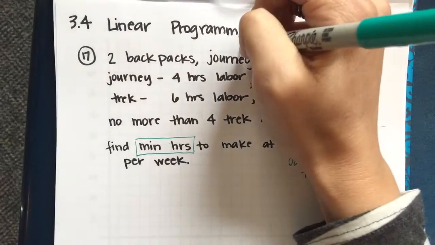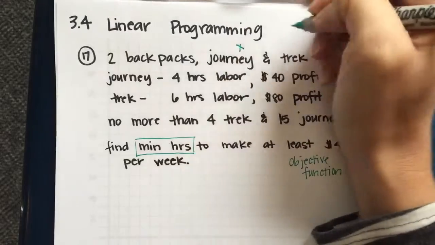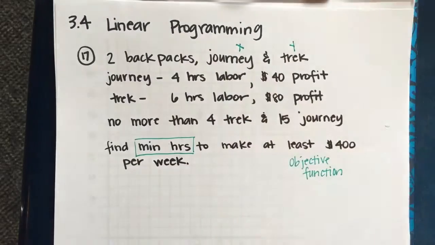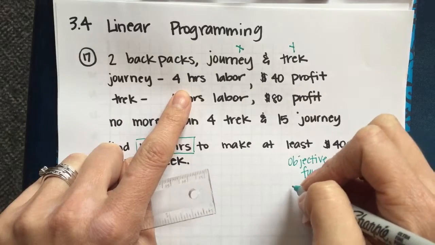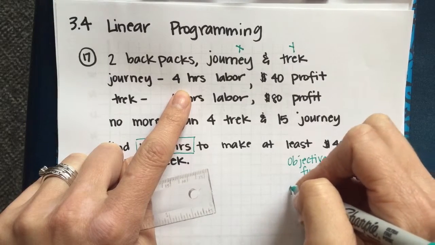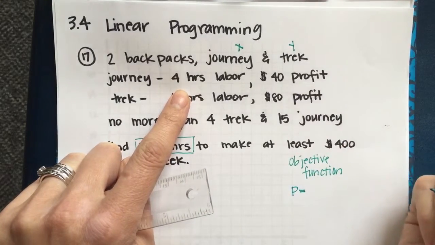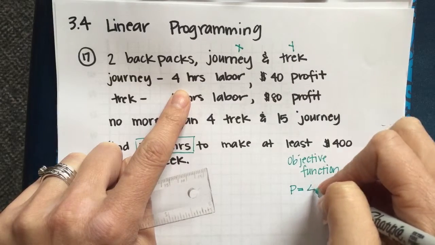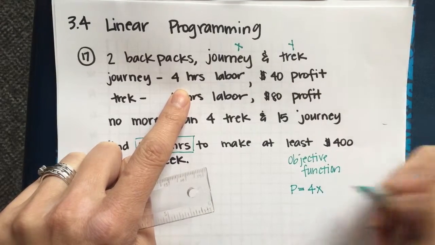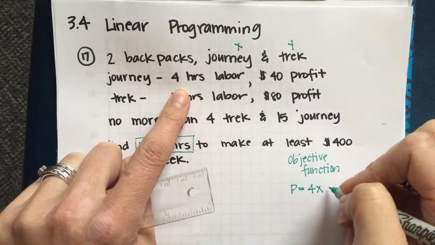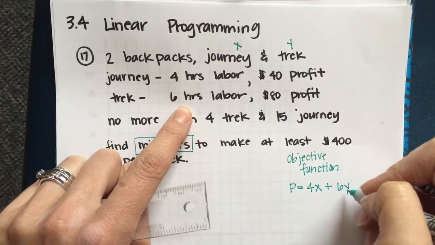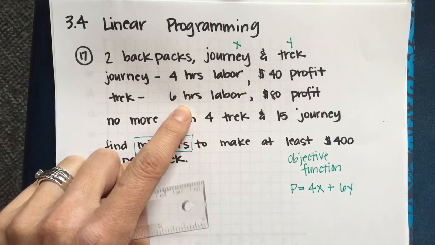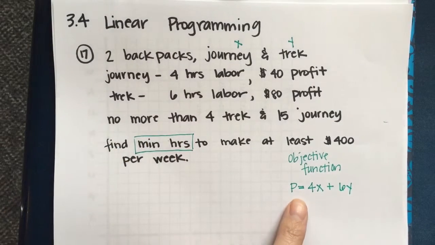I'm going to let Journey backpacks be X and the Trek backpacks be Y. The Journeys take 4 hours of labor, so you could use H for hours, or we just default back to P. 4 hours per Journey backpack plus 6 hours per Trek backpack. This objective function you don't do anything else with until the end.